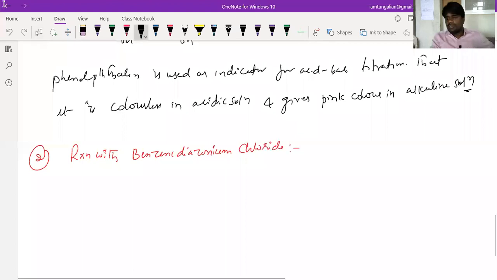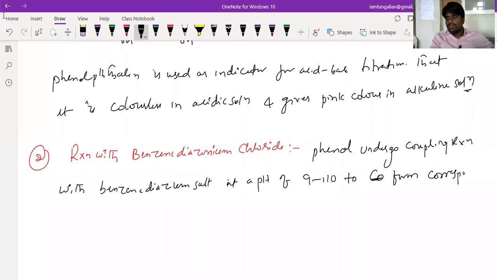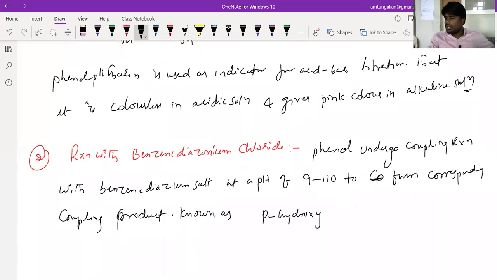Phenol undergoes coupling reaction with benzene diazonium chloride, or benzene diazonium salts, at a pH of 9 to 10 to form the corresponding coupling product. This is called para hydroxy azobenzene.